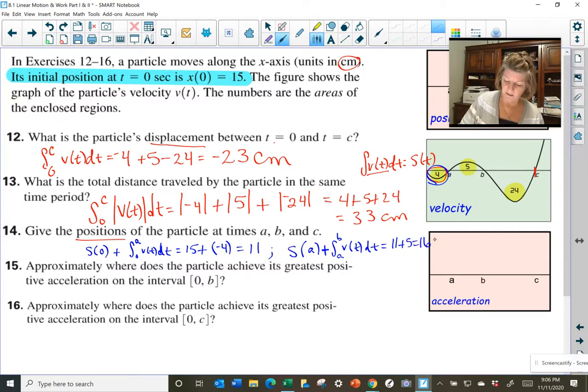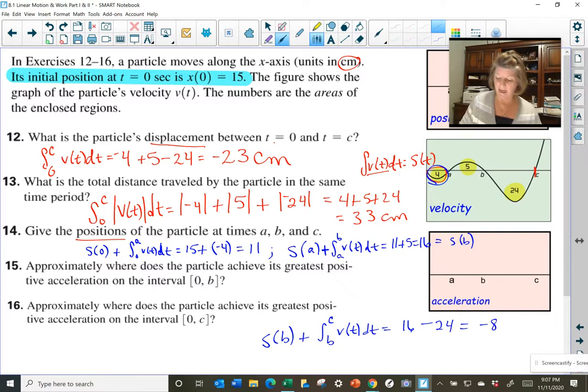My position for S of B is 16. Now I could pick up from S of B, couldn't I? S of B added with the movement between time frame B to C, V of t dt, would be where I left off. S of B was 16, and now we're backing up 24 units. We are going to end up at -8 as a position. And this does mean 8 units left of the origin.